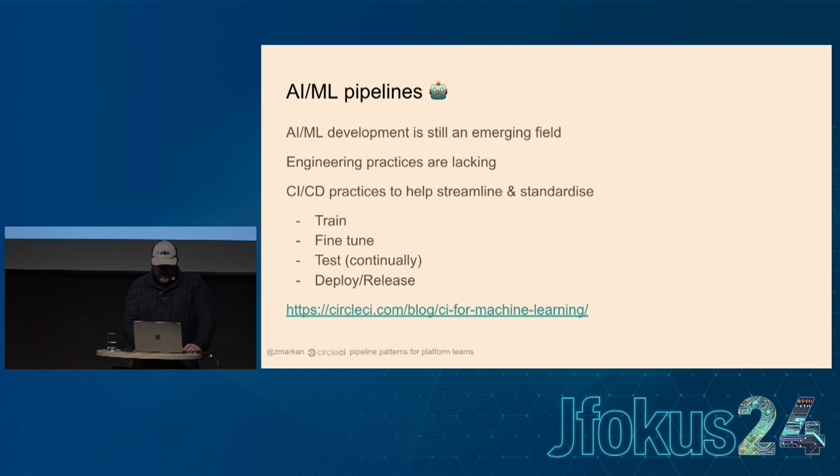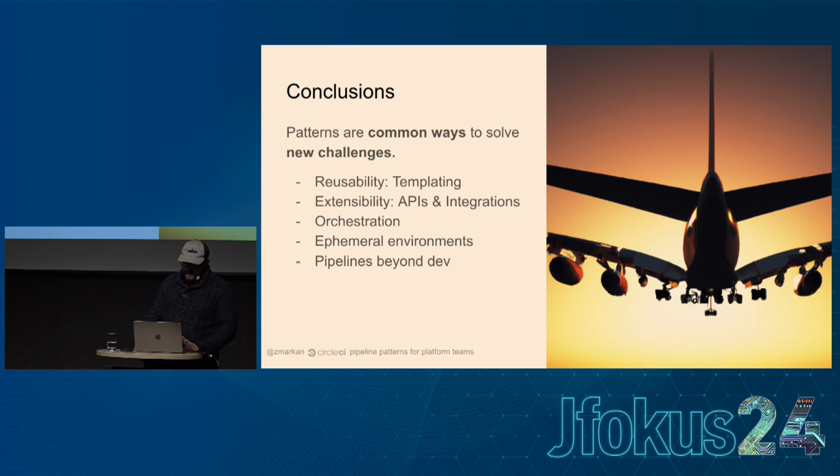Anyway, a couple of conclusions. We talked about some common ways to solve new challenges, or maybe existing challenges. Hopefully I have given you some ideas of what you can do with your CI/CD pipelines to help not only your team, but teams adjacent to yours, or teams you haven't even considered that could benefit from these tools.